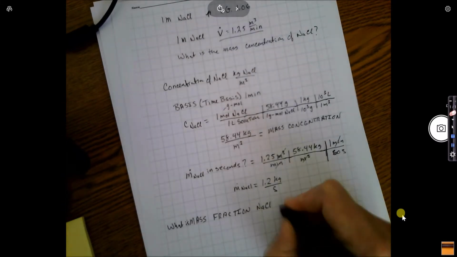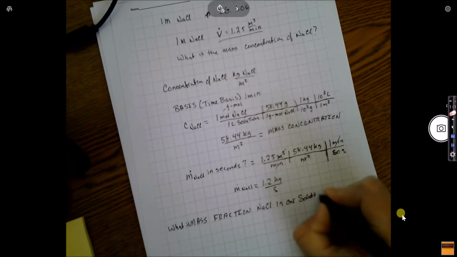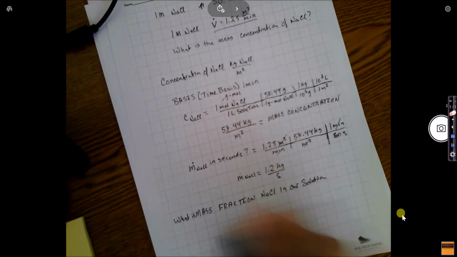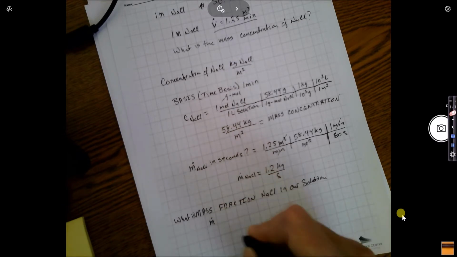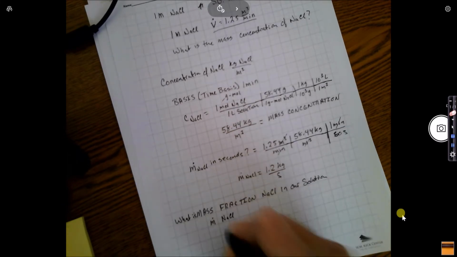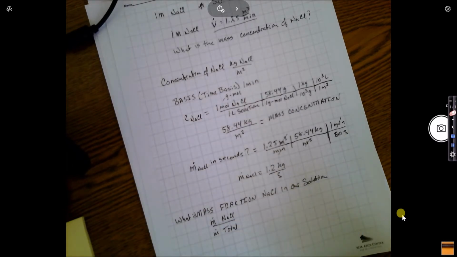Man, I'm writing it horribly. In our solution, that's going to be the ratio. The mass fraction now, we can do it in terms of mass flow rates. So it's going to be the mass flow rate of sodium chloride divided by the total mass flow rate of your solution.